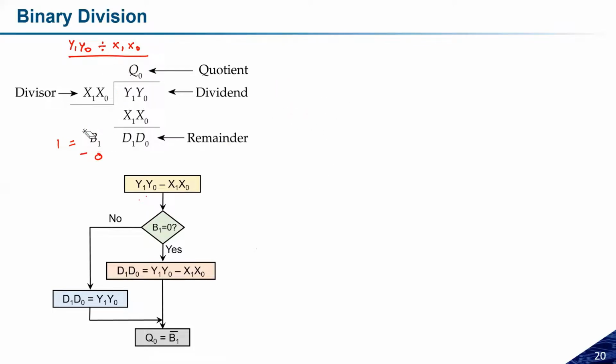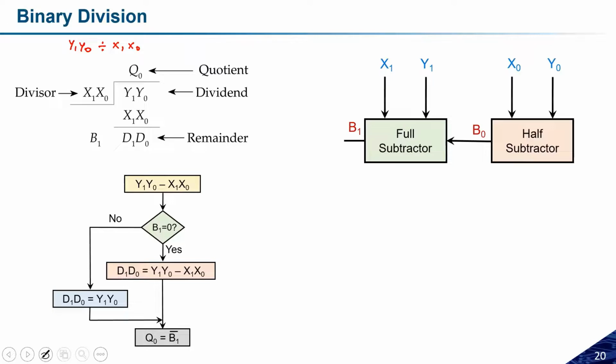Now, based on this algorithm, let us try to design the circuit for binary division. First, we simply have y1 y0 and x1 x0. These are the two numbers, and I want to subtract them.